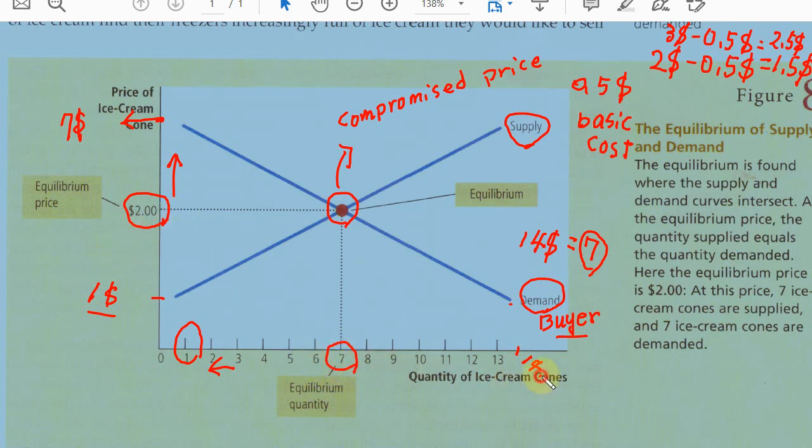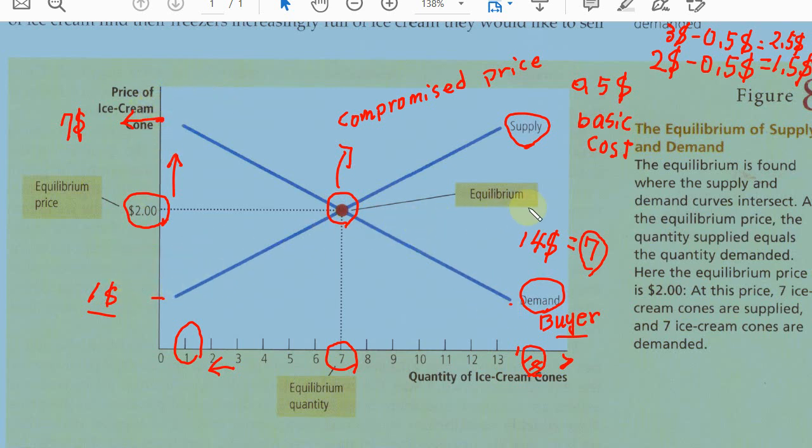Then he can buy 14, right? Then the number of ice creams he can purchase will be increased almost up to double. Then we can say the demand line will decline to the right according to the price level.